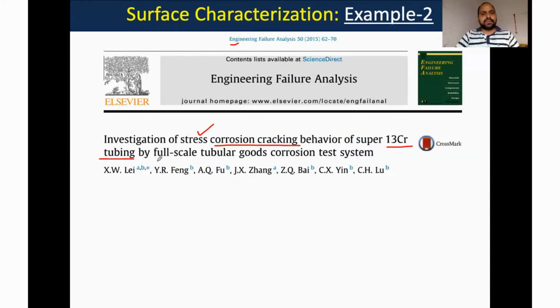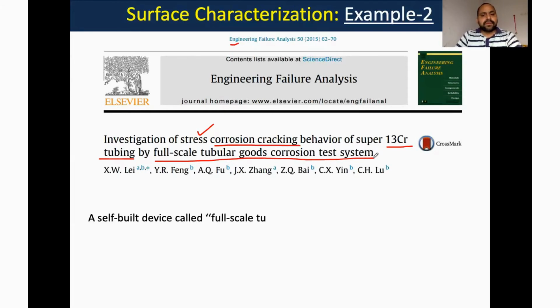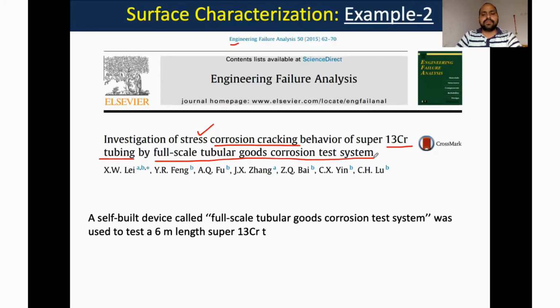So what is the meaning of full scale tubular goods corrosion test system? It's a built-in system; they will explain later what kind of system it is. A self-built device called the full scale tubular goods corrosion test system was used to test a 6-meter length.